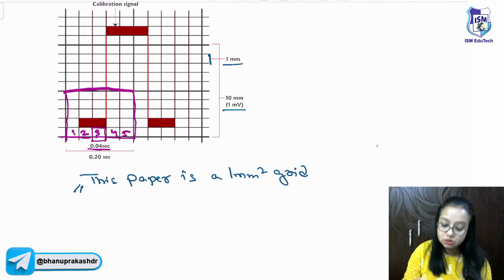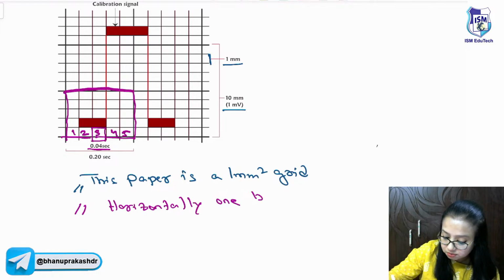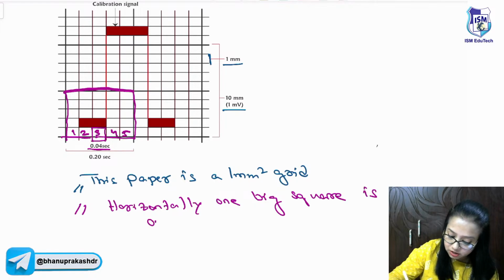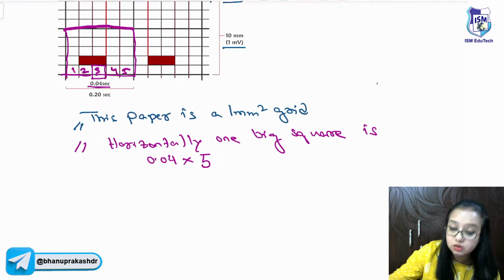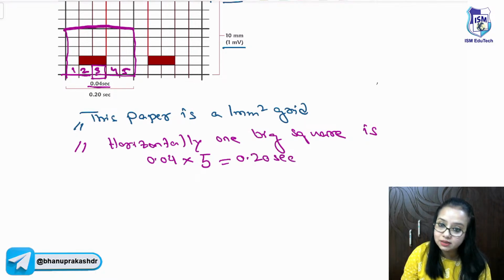So horizontally, one big square is 0.04 into 5, because there are 5 small boxes, equal to 0.20 second. This is the calibration.